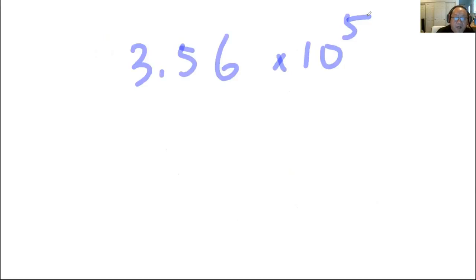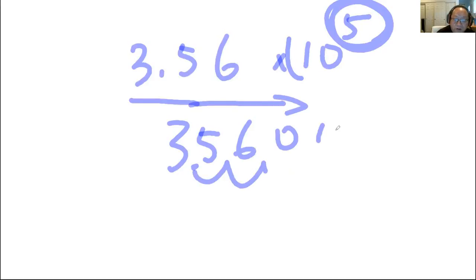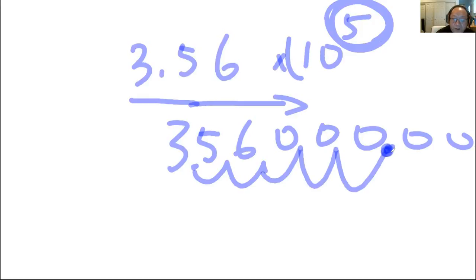And then the scientific notation, like 3.56 times 10 to the power 5. I have 356, and originally it's over here, right? And then I have this exponent of 5, so I will shift the point 5 times. So it's 1, 2, 3, 4, 5. It's up to here.